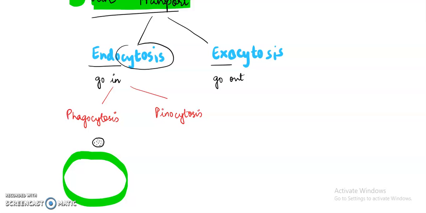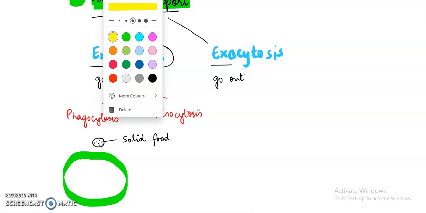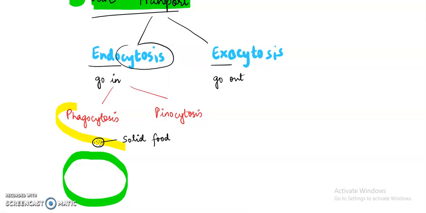It is approaching near and the food is in the solid form, means solid food is there. If we are talking about solid food, remember we will call it phagocytosis.